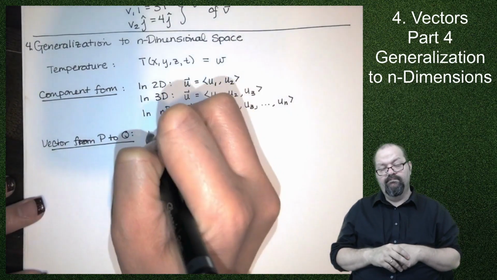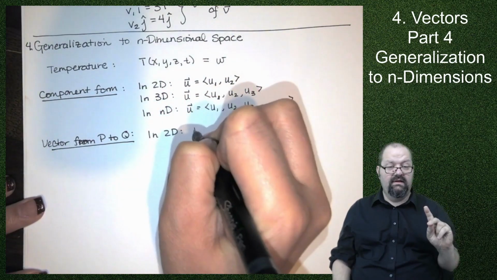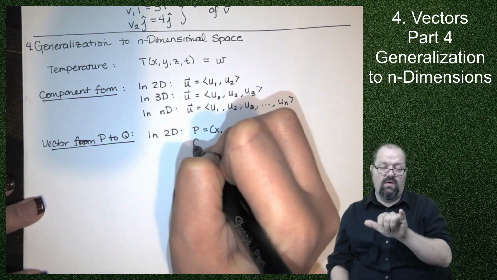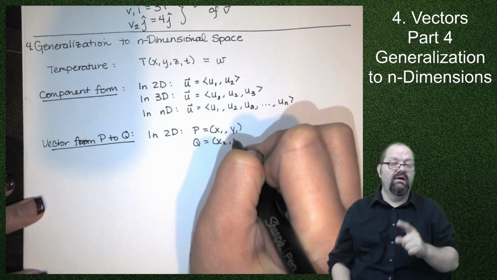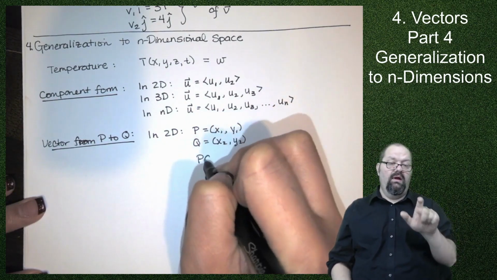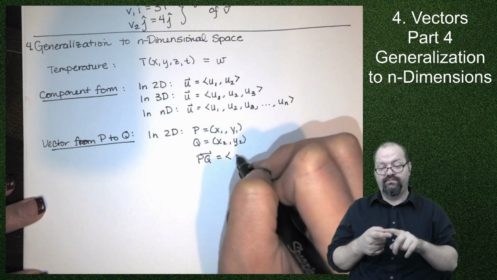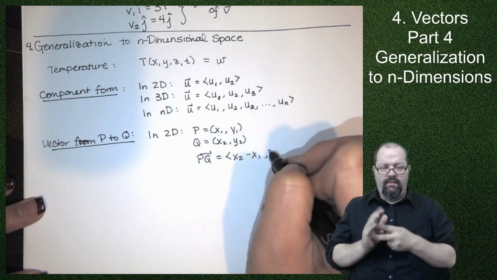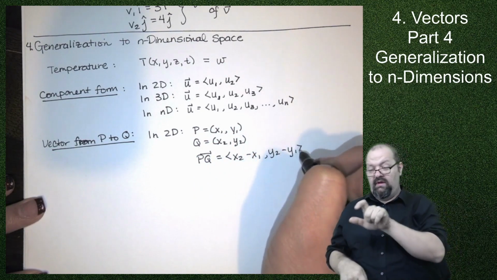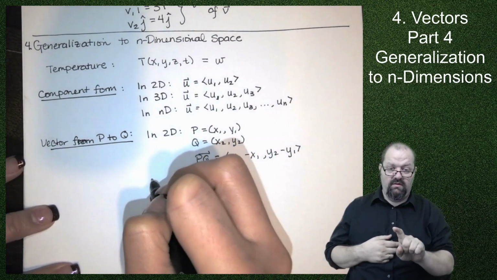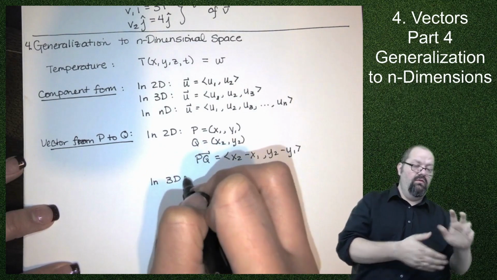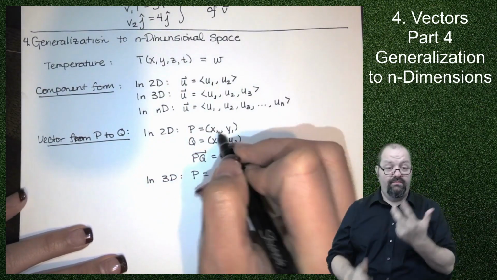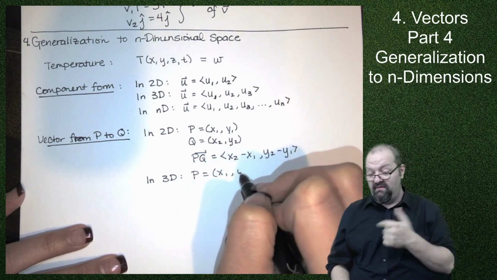In 2D, my point P might be x1, y1, and my point Q might be x2, y2. Then the vector PQ, as we've seen, comes from taking terminal minus initial. We do x2 minus x1 and y2 minus y1. That's 2D. In 3D, instead of points having an x and y, my points are going to have an x, a y, and a z.